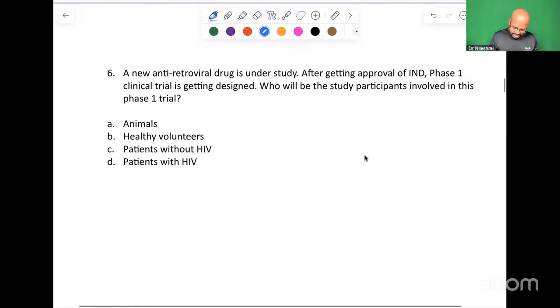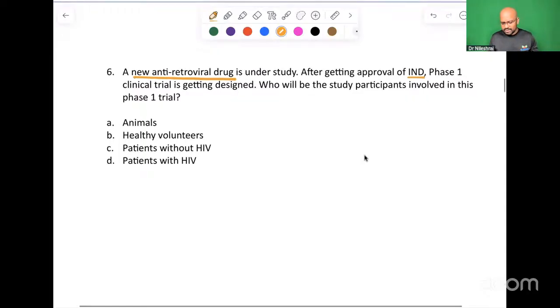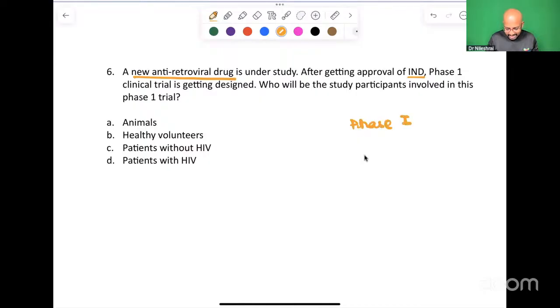What about this question? A new antiretroviral drug is under study. After getting approval of IND, a phase 1 clinical trial is being designed. Who will be the study participants involved in this phase 1 trial? Yes, this question has a small twist in it, because usually we know phase 1 clinical trials involve healthy volunteers.